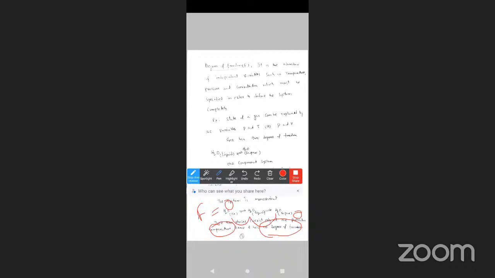Hence it has no degrees of freedom. It is called invariant. If F equal to 0, it is called invariant. And this happens at the triple point of water, that we'll discuss later in the phase diagram of the water system.